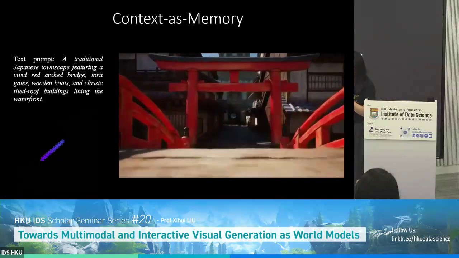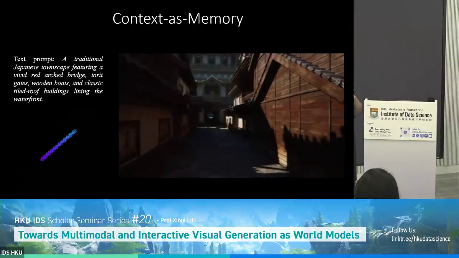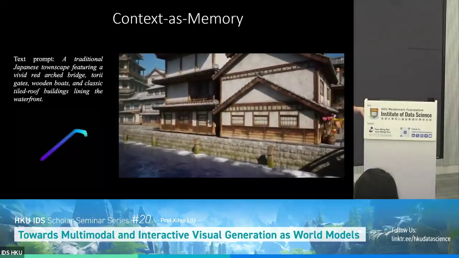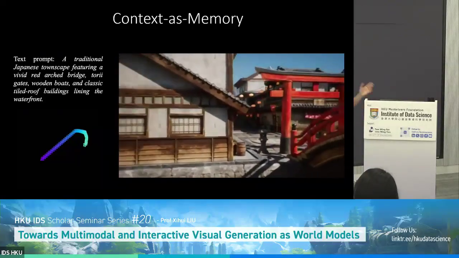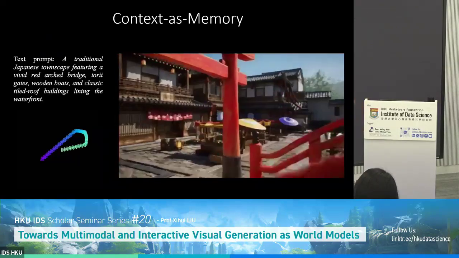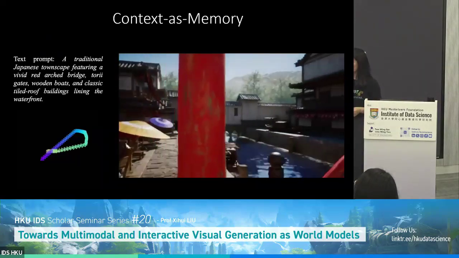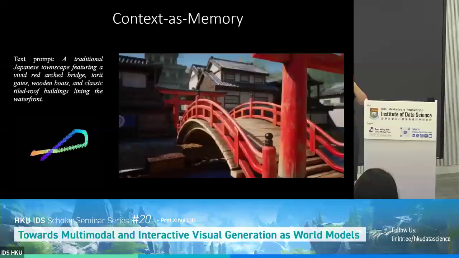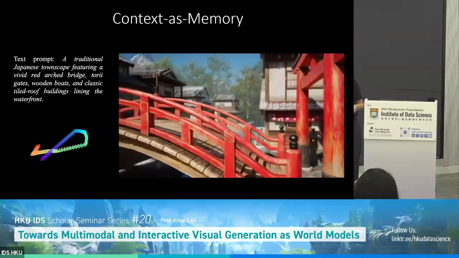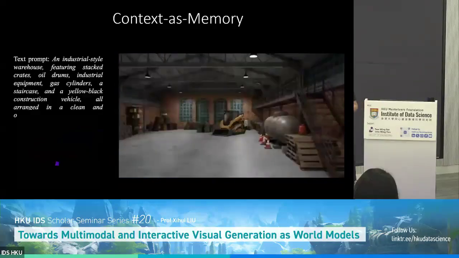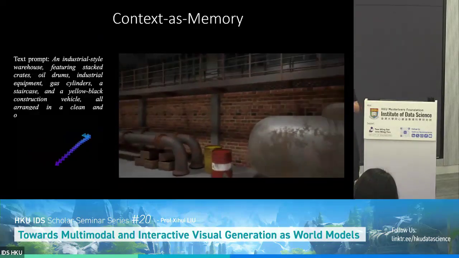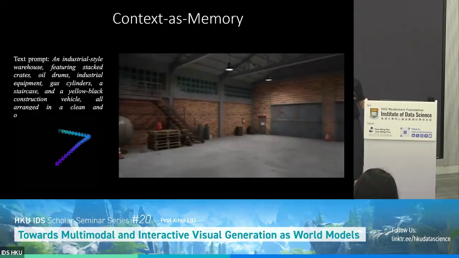Another thing that I want to mention is that we think the memory retrieval module in this work is just a very preliminary design, and there's still a lot of space to explore, like how do we extract the useful memory from the context information, and how to update the memory.